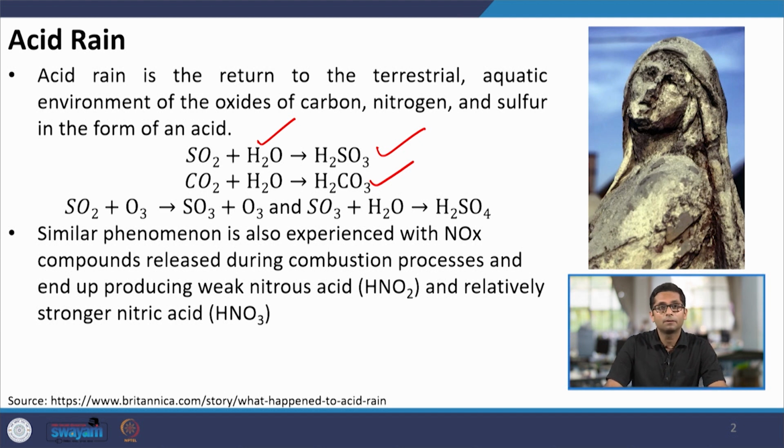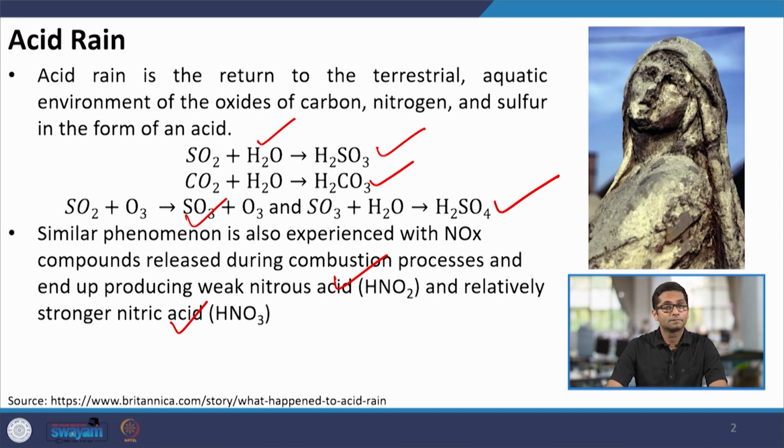Further, another possible pathway could be SO2, sulfur dioxide, reacting with ozone and forming SO3 molecules, and these SO3 molecules can further combine with water to form sulfuric acid, which is a strong acid. Similar phenomena have also been observed in the case of NOx emissions, where the nitrous oxides react with the water molecules and form weak acids like nitrous acid, as well as stronger acids in the form of nitric acid.